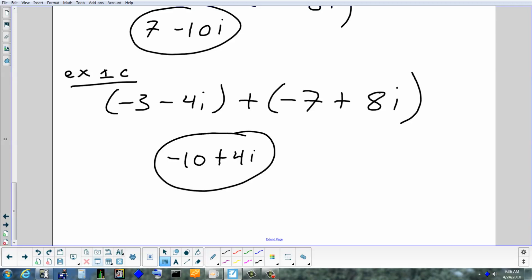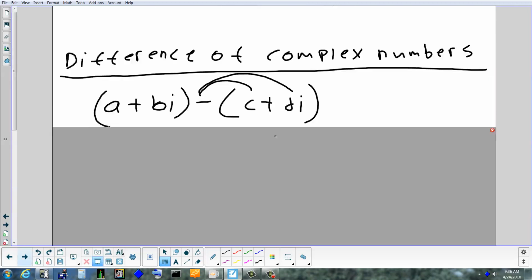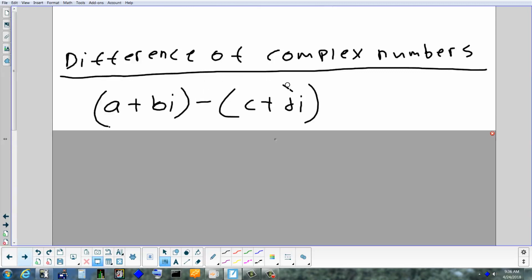Okay, so that's adding. Subtracting is pretty much the same thing, except you have a minus sign between the two complex numbers. And here, putting in parentheses, I think, will remind you of something that you need to do. You have a minus in front of parentheses. So this minus is distributed.